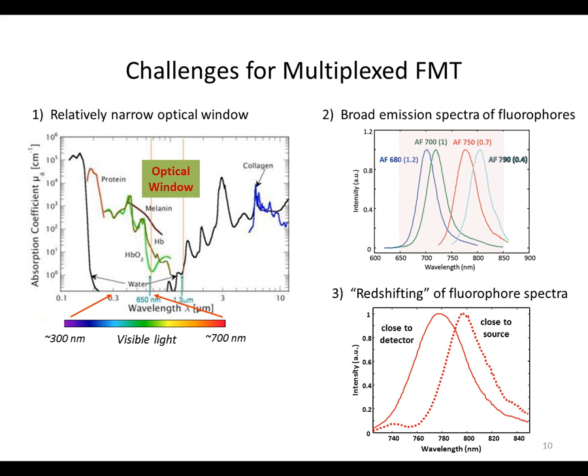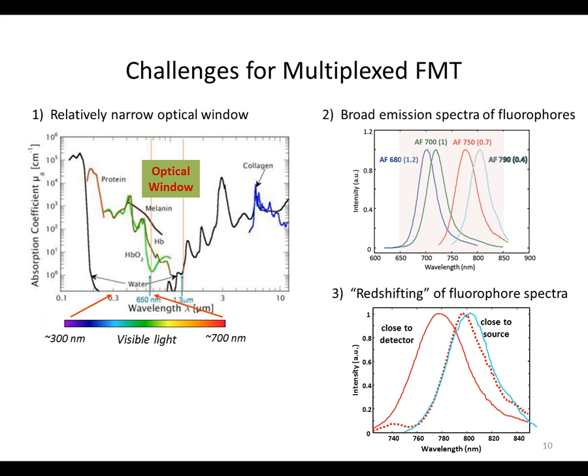So here, this is the emission spectra of Alexa Fluor 750, and if my fluorophore is close to the detector, so that it travels very little through the tissue, I get something that looks a lot like what I would measure in a lab, or that you would download from the manufacturer's website. But if it happens to be close to the source, so that it travels through about 2.5 centimeters of tissue, then the shape of this spectrum gets a little bit distorted and shifted towards the longer wavelengths, which is why this is often known as redshifting.